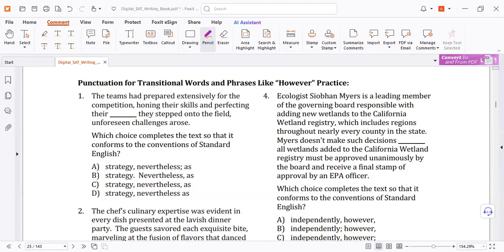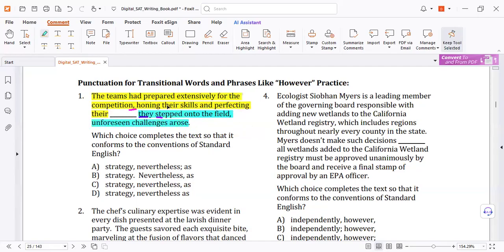Now let's answer. Always follow the rules. We have a contrast relation. Where are the sentences? Number 3. The teams had prepared extensively for the competition, comma, honing their skills and perfecting their strategy, and then they. So I have 2 sentences only. Number 1, as you see, and then number 2.